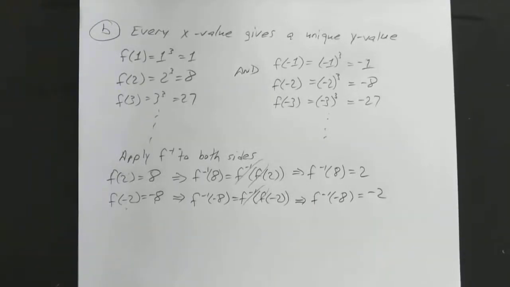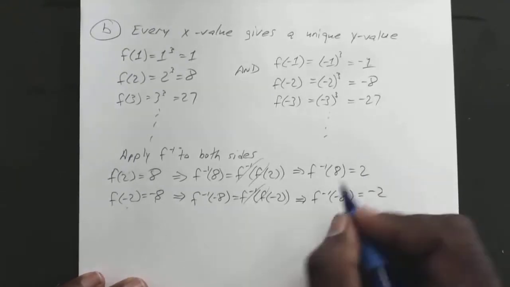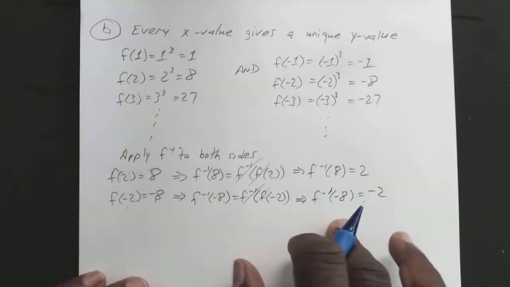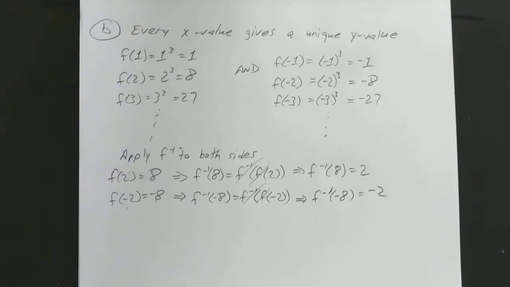Okay. So really what this boils down to is you have your inverse functions, and you have to find out what value of x would actually give you that y. Or rather, what value of y will give you that x.